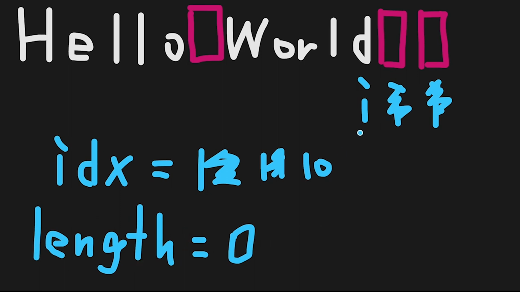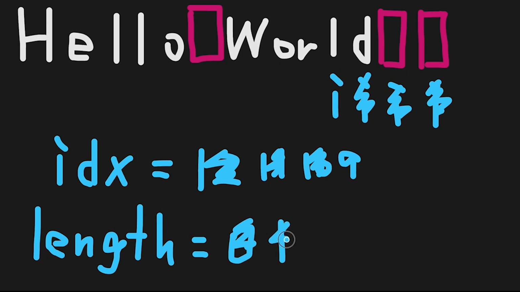So let's begin. So we find D, it's not space. So in that case, add +1 to length, 1, and then reduce the current index to 9. So we move to index 9. Again, we find L, so it's not space.